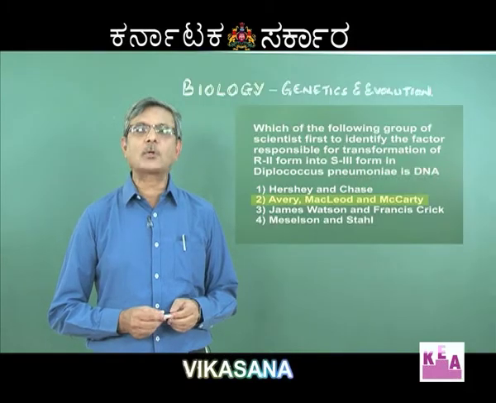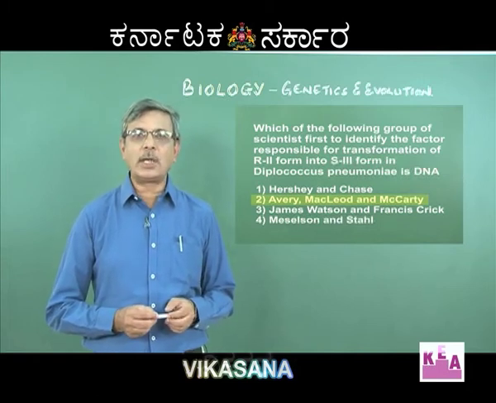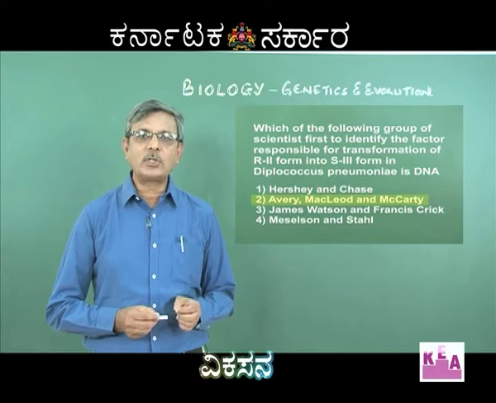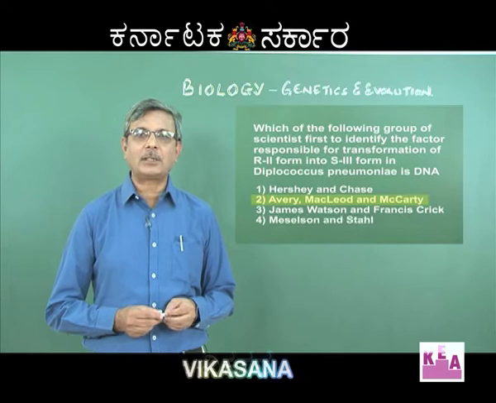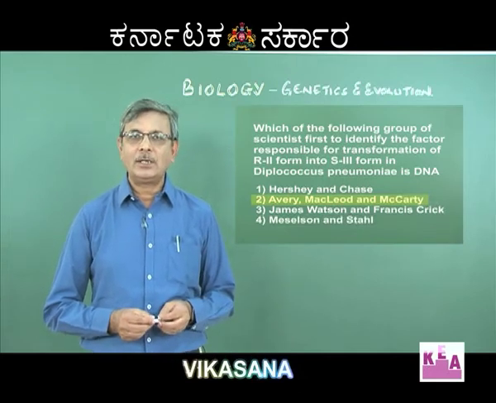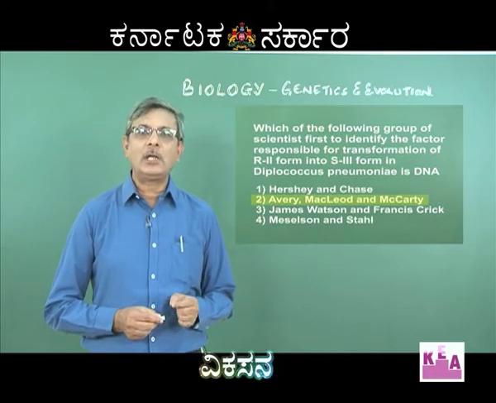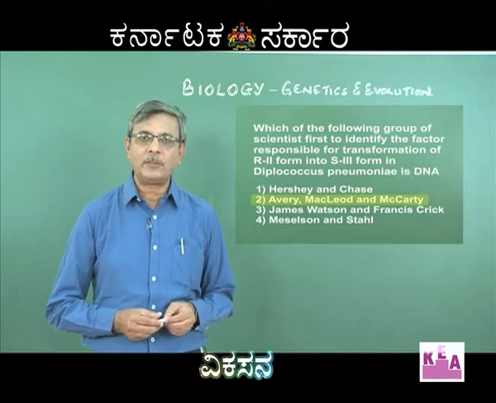When we look into option 1, Hershey and Chase, I hope all of you know they conducted the experiment using bacteriophage, where they labeled the protein coat of the virus and also the DNA. For the protein, they labeled the sulfur, they used S35.